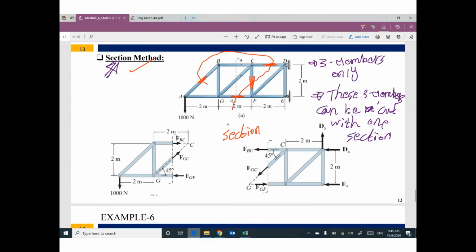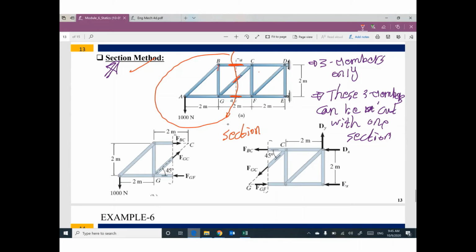So guys, we have a condition to use this method. In the section method, you will cut only the 3 members you are looking for with one section. If you decide to use this side, your free body diagram looks like this.